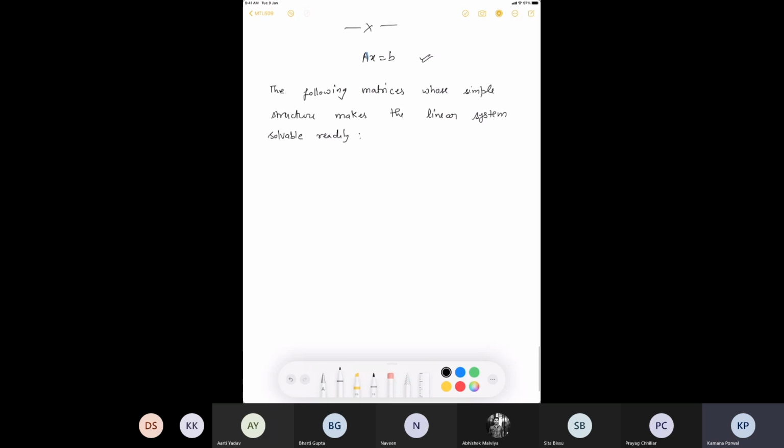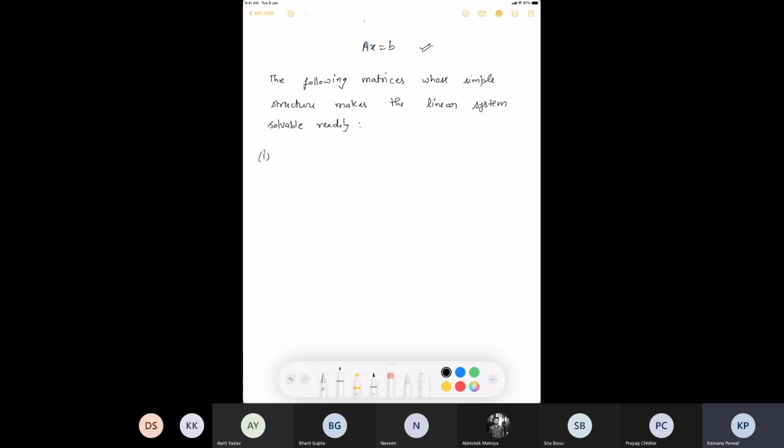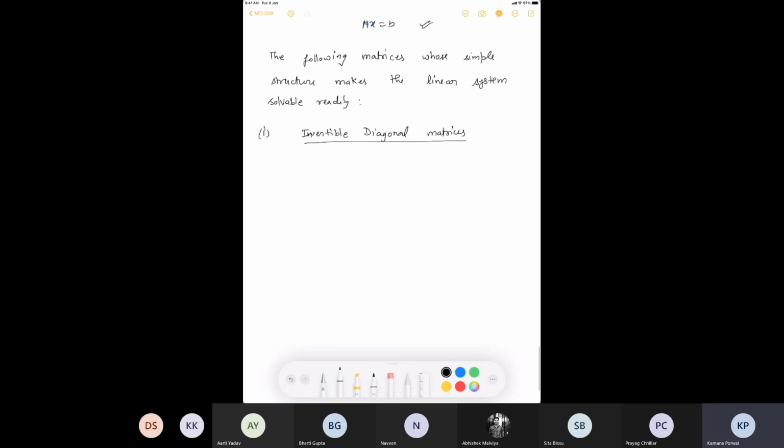So the first example is the diagonal matrix, right? So we have the invertible diagonal matrices. That is, if you have the coefficient matrix as a diagonal matrix, which means that other than the diagonal, rest all the entries are 0. And let's take the diagonal entries to be d1, d2, dn's, right?